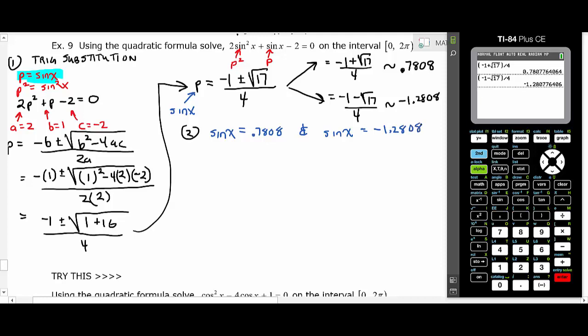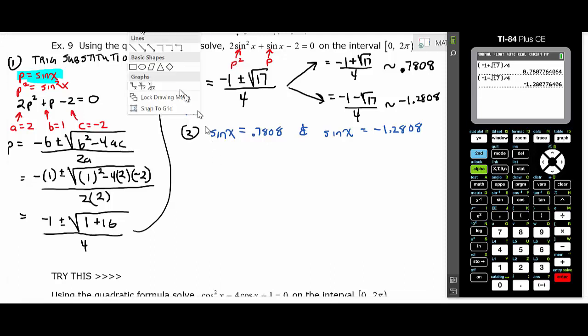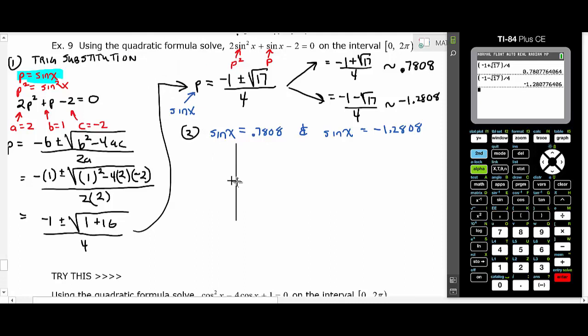You have to do the inverse trig function on your calculator. I'm going to solve these two equations. First, we need to know what quadrants we're in. Let's do the first one. x is equal to the inverse sine of 0.7808.